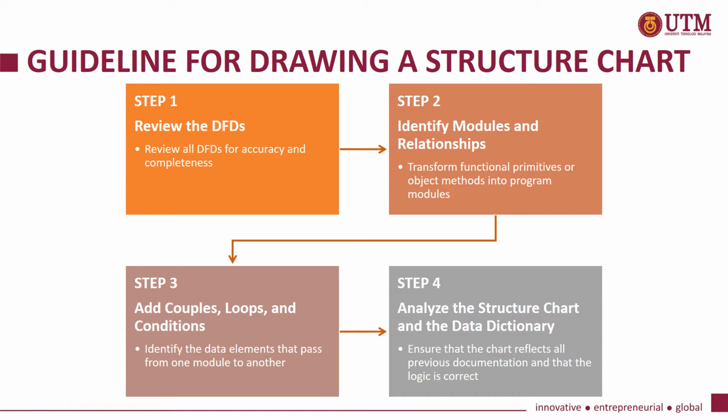Second, you identify the program modules and determine control subordinate relationships. Next, you add symbols for couples, loops, and conditions. And finally, you analyze the structured chart, the DFDs, and the data dictionary to ensure that it is consistent with your system documentation.